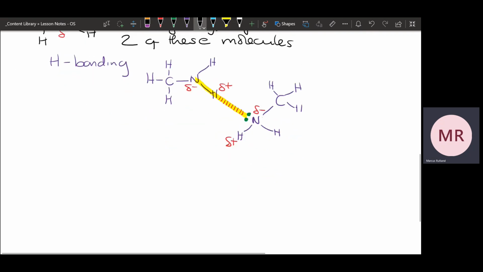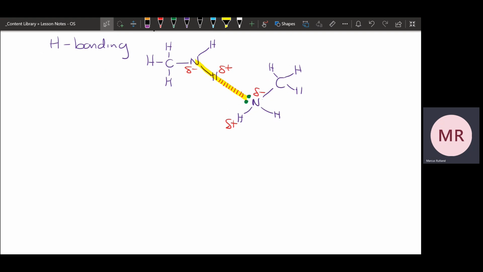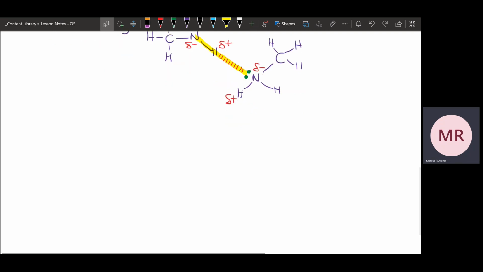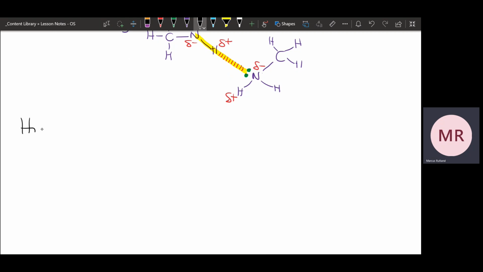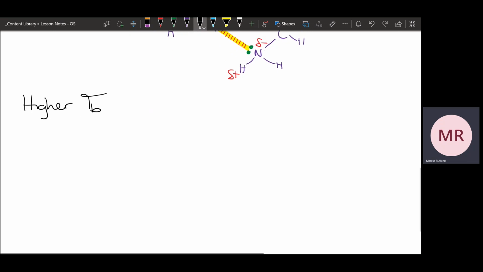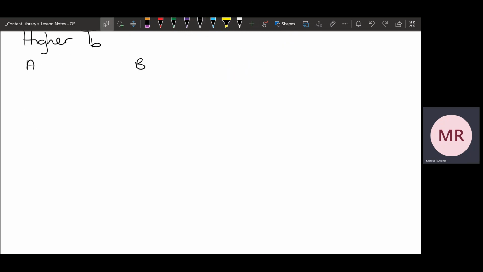Okay, next question. I'm just going to give you a bunch of pairs of molecules, and in each case, you need to suggest which one would have the higher boiling point. So the symbol for boiling point, TB. So if I have an A column and a B column, I'm just going to give you a bunch of things, and you can have a think for each one.